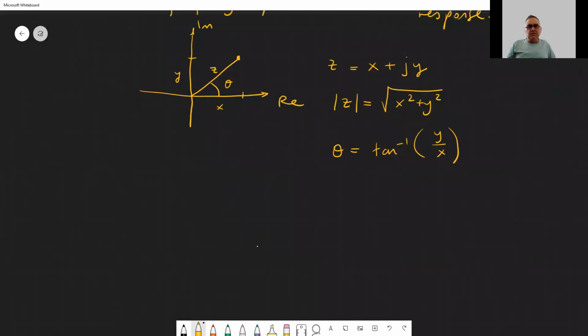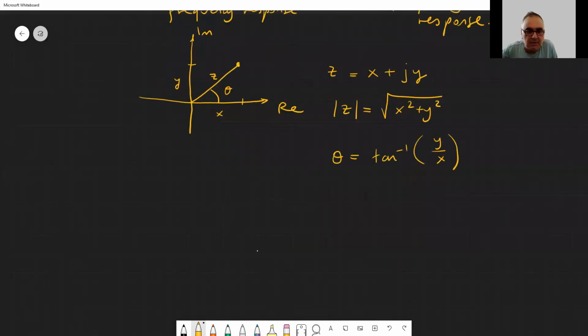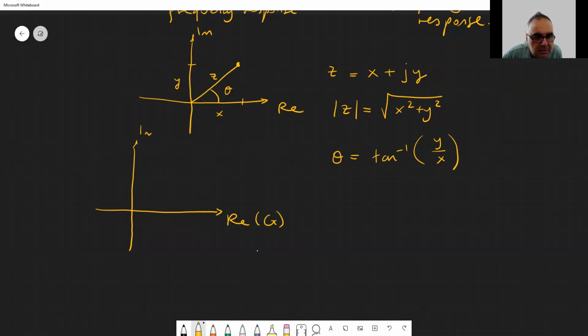In our case, we have something very similar. We have the real part of G and the imaginary part of G. So this is our transfer function G of j omega. For a certain omega, this is the value. Let's call this angle phi.